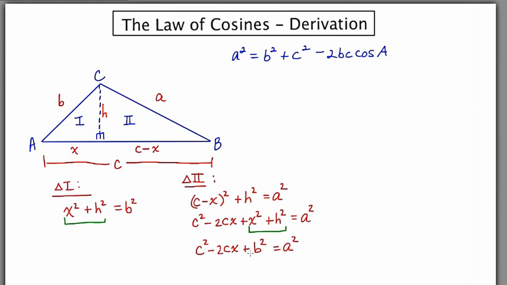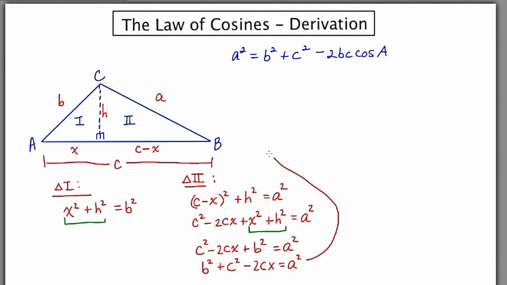Now I'm going to move this b squared in front. So I'm going to say b squared plus c squared minus 2cx is equal to a squared. Now if you look at what we have written down and what we're going for, which is up here in blue, we're starting to really get a similar situation.